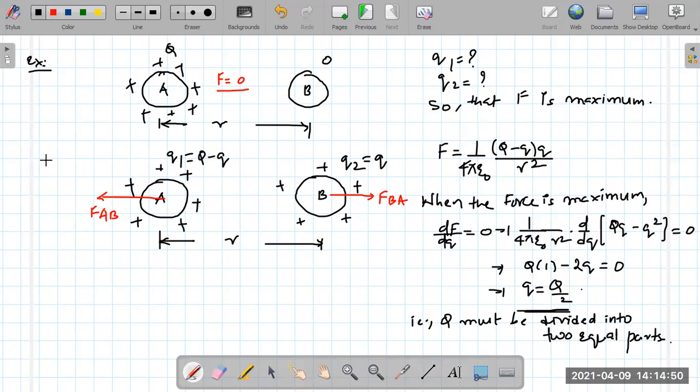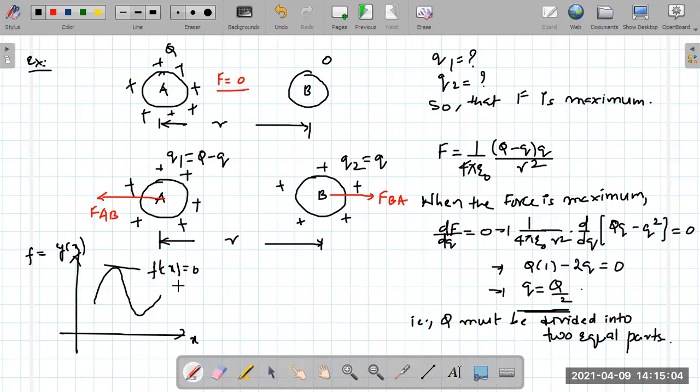You see, in any function, y as a function of x, we either have a maxima or a minima when f dash of x is equal to 0. Are you getting the point? Yes, the slope of the curve at that point will be 0.